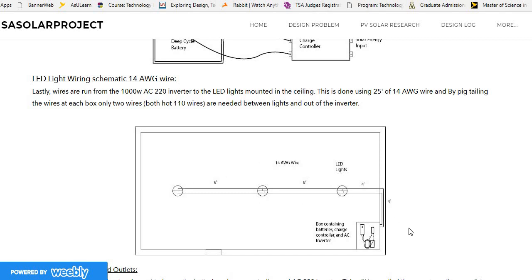So I made some estimates for the length of wire that would be needed to run to these LED lights. It would be roughly about 25 feet, which allows for a little bit of play. The actual estimate is a lot closer to 22 feet, but 25 would make sure you had enough wire in case there were some issues with wiring the boxes.